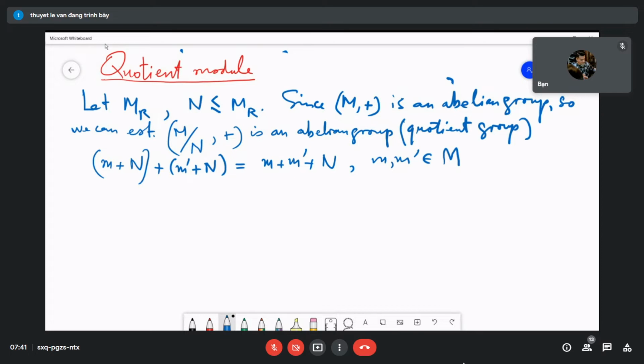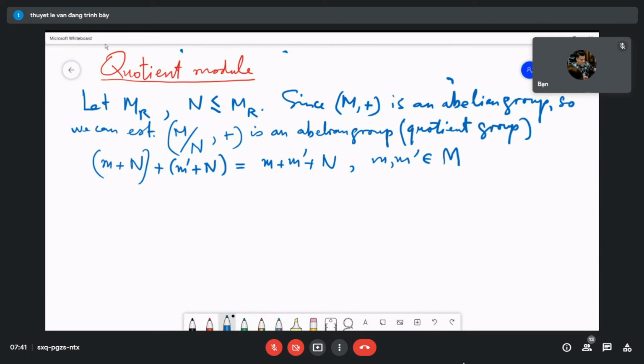Okay. That is the knowledge that you already studied in algebra 1. So from the abelian group, you can construct the quotient group M over N, and the operation is here.